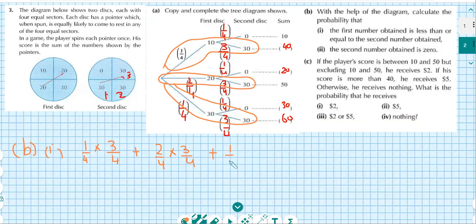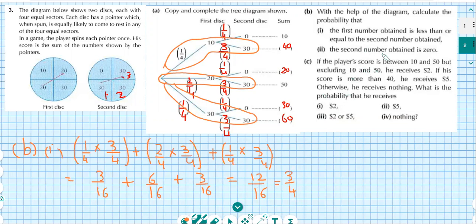Simplifying, this will be 3 over 16 plus 2 into 3, 6 over 16, plus 1 into 3, 3 over 16. Finally, we get 3 plus 6, 9, plus 3, 12. 12 over 16, or we get 3 over 4.